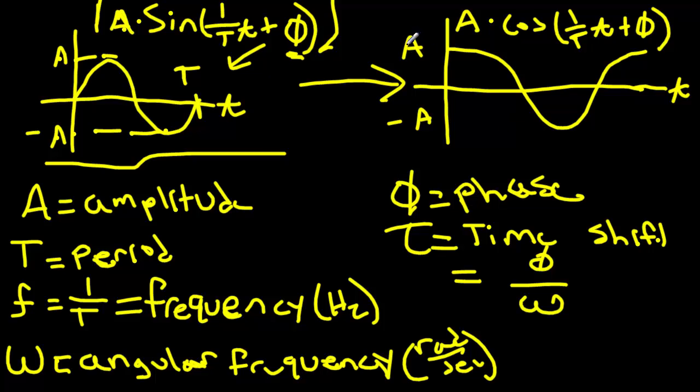So A is the maximum height, and minus A is the minimum height of the cosine, and it's pretty much the same formula. The only difference is that it's a cosine wave instead of a sine wave.